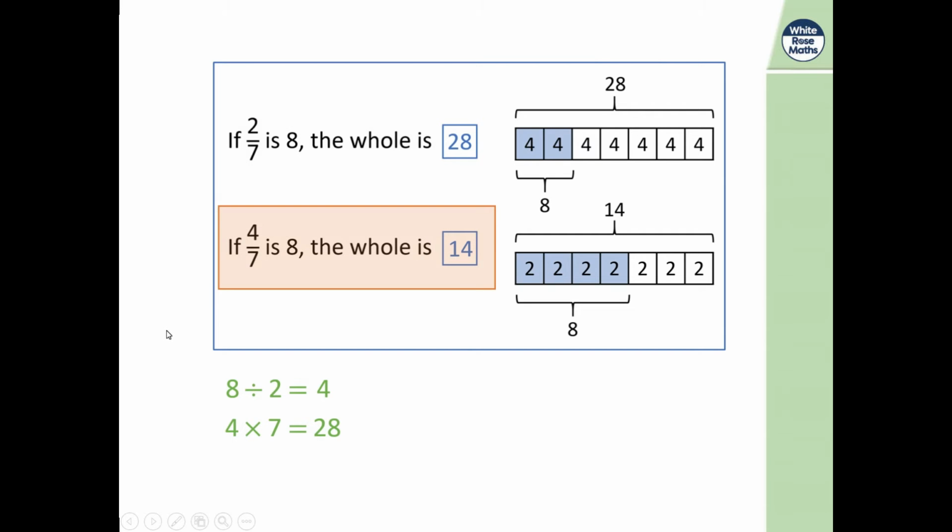In the next example, we know that 4/7 is equal to 8. So we divided 8 by 4 to find the value of 1/7, which was equal to 2. Then to find the value of the whole quantity, we multiplied the 2 by 7, which is equal to 14.